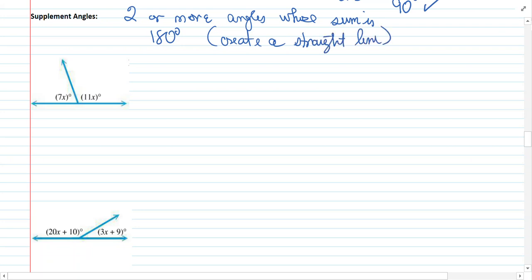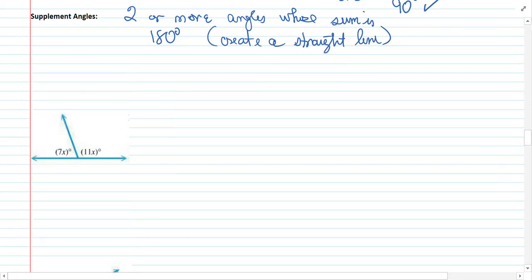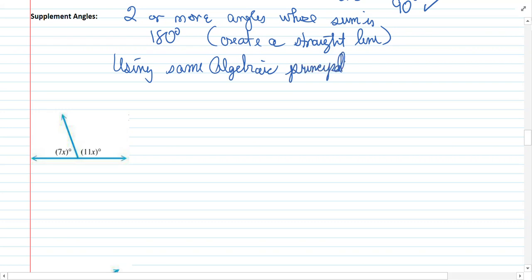So we're using the same principle as above, where we construct the equation, where we know that angle 1 plus angle 2 must equal now 180 degrees.